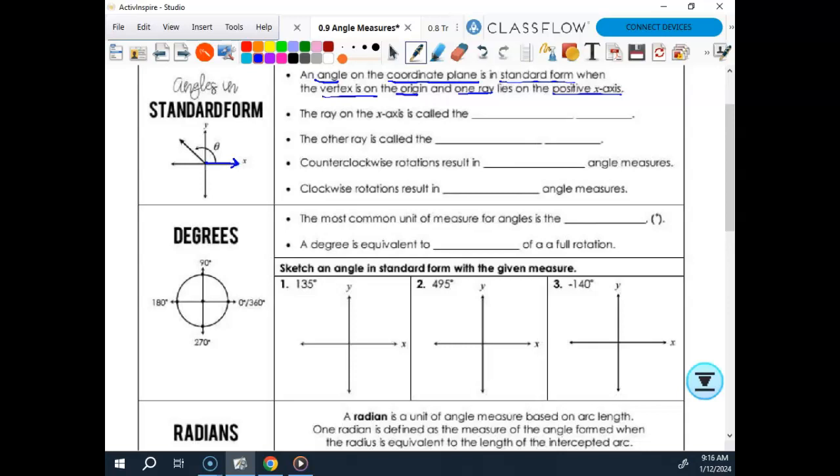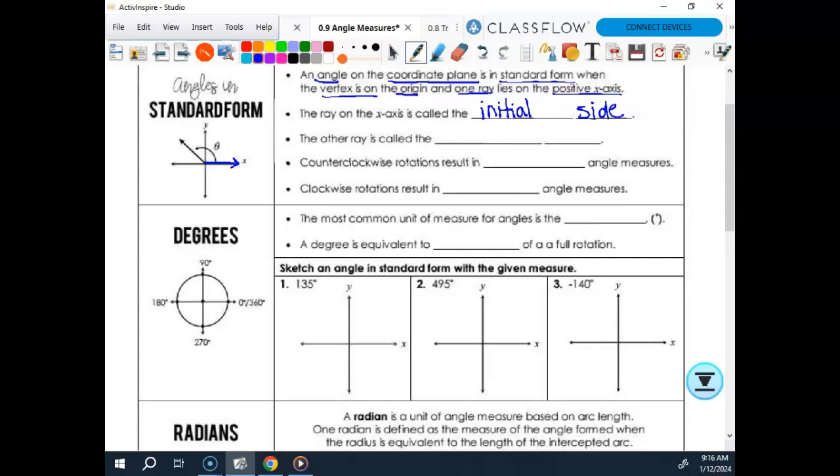The ray on the x-axis that I just drew is called the initial side, because that's where we start. So I tried, maybe I'll do it this way. Okay, there we go. That works better. Okay, so we're starting here. This is the x-axis, right?